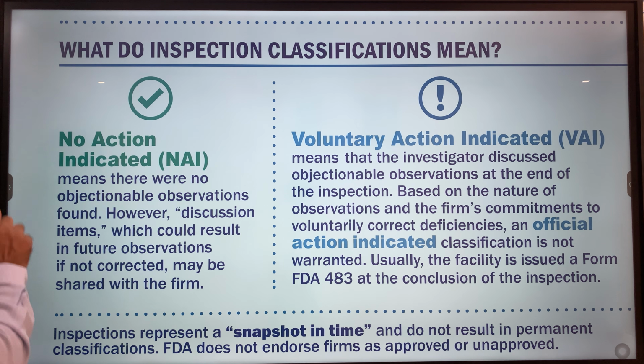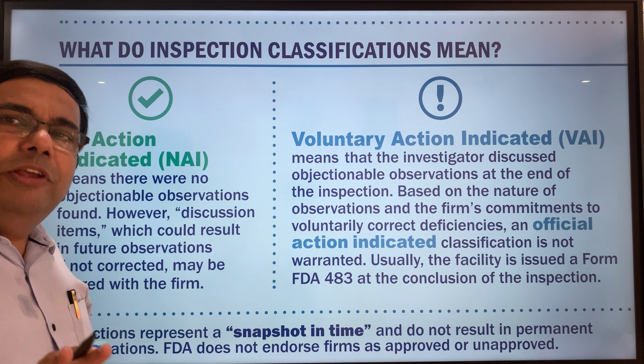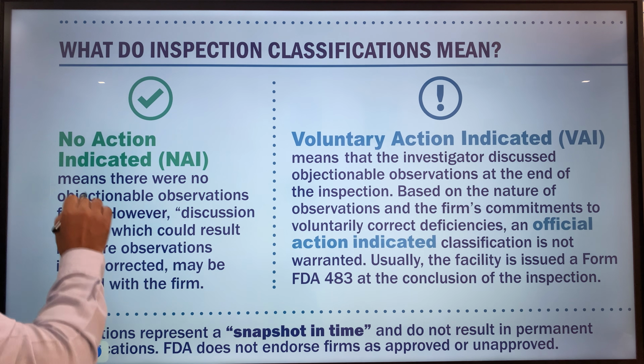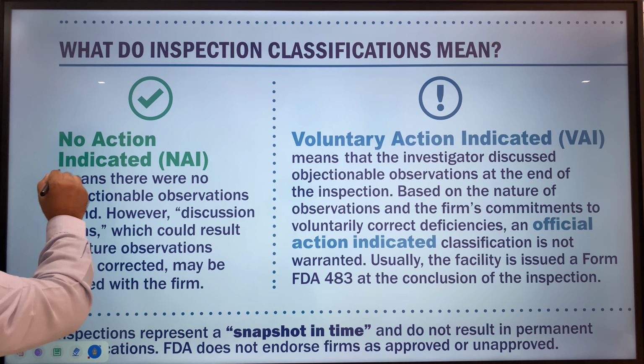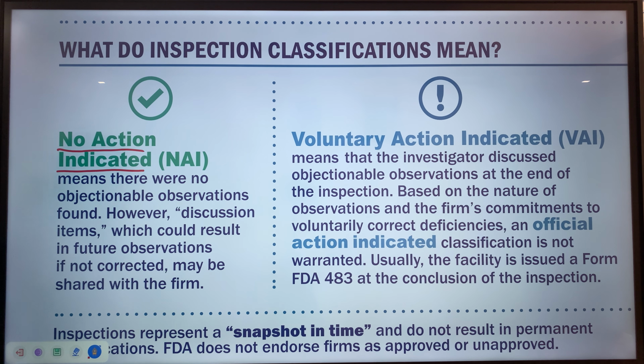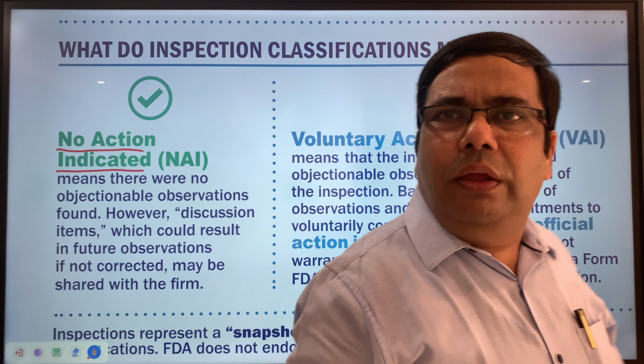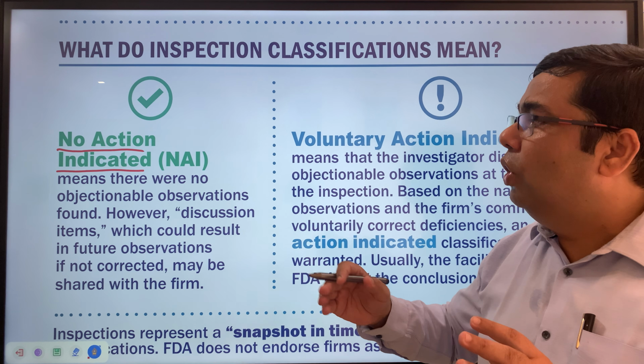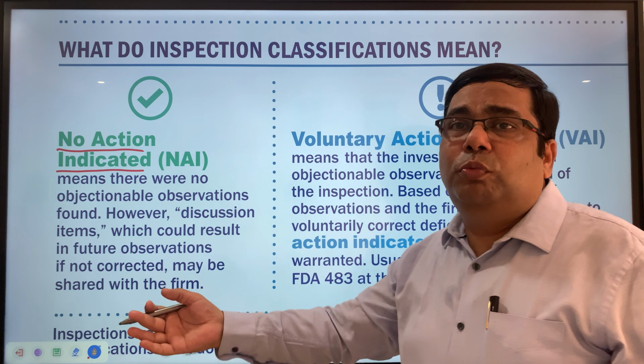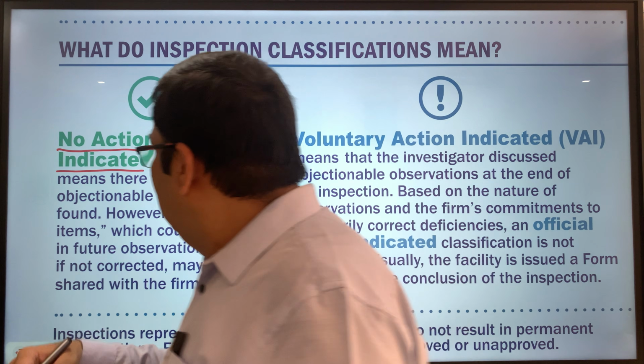So this is what I explained here. Again I am telling you, this is all given by the FDA. I am just explaining to you, right? So NAI means no action indicated, very clear. So no action is required. You are already in compliance, but you need to remain in compliance. That is the manufacturer's responsibility.